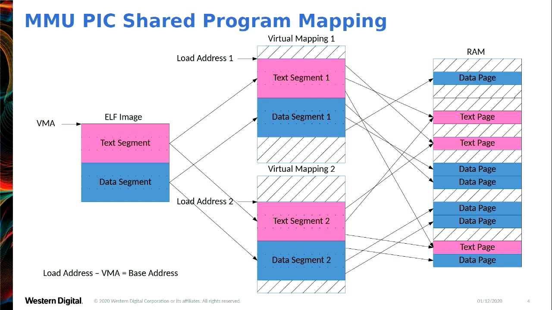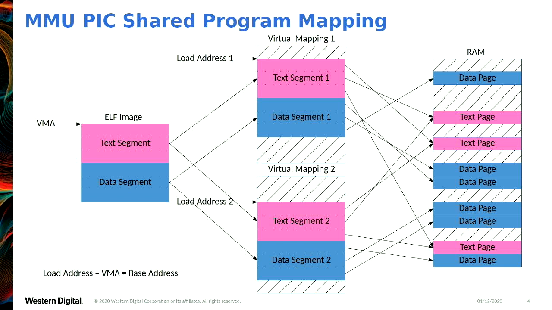They can even be the same between different virtual mappings. And there's a single value that the ELF image is relocated by. This is called base address in the ELF GABI, and then all the segments map to pages in physical memory, and at this level we can do sharing of text pages. Data pages can be separate.